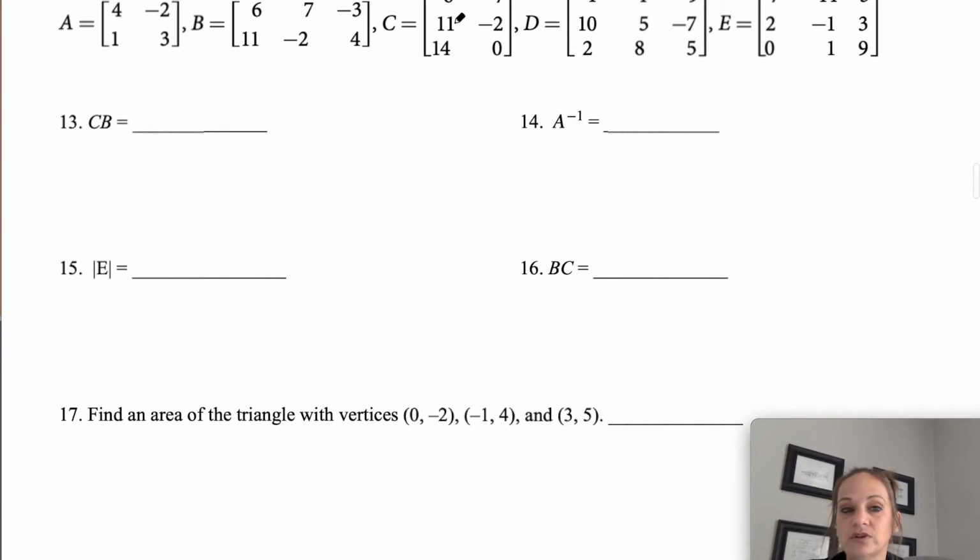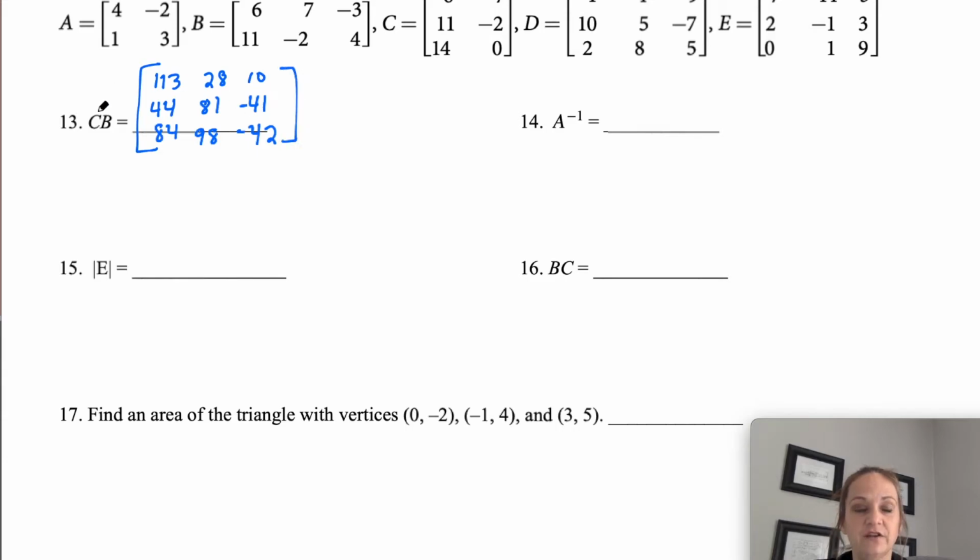So if you were to edit a matrix C and a matrix B, make sure C goes first to B, and you should get 113, 28, 10, 44, 81, negative 41, 84, 98, and negative 42. Now, if you notice, 13 and 16 are opposite.